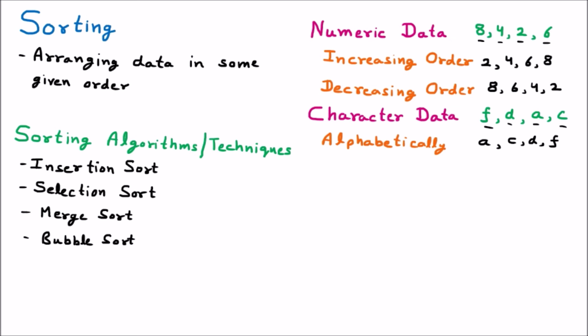Next is quick sort, then heap sort, and last we have radix sort. So these are all the sorting algorithms or techniques by which we can sort the data. It can be the numeric data or the character data. So that is all about the sorting.